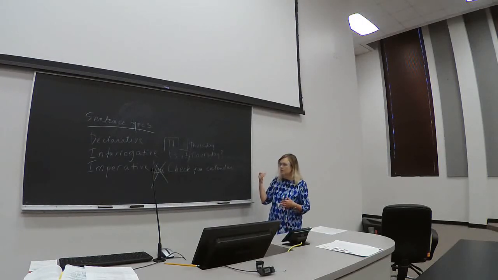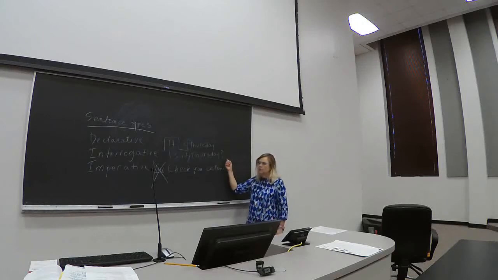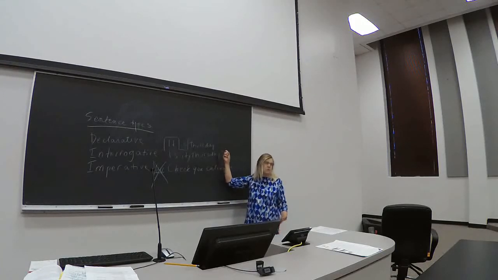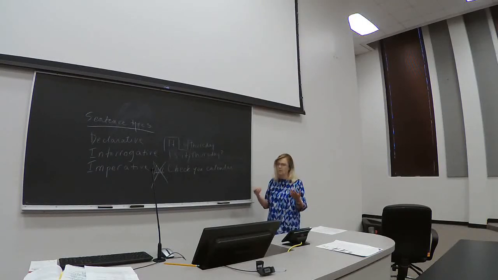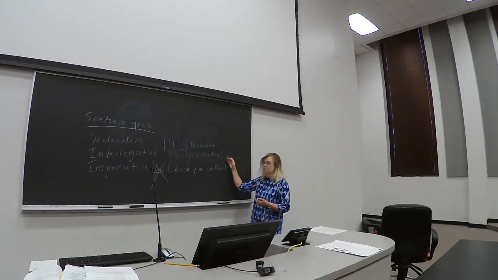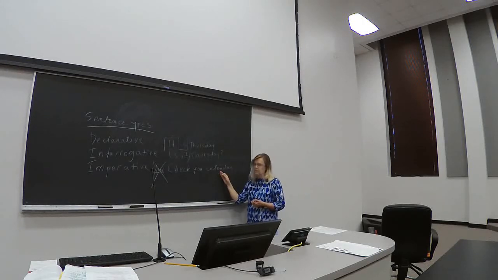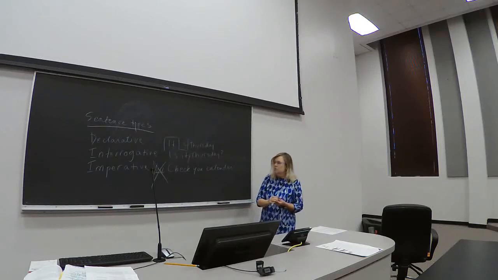So we develop interrogative and imperative sentences from declarative sentences via sentence transformations. And that's something we would talk about more in the grammar class. So here, just FYI, these are the only kinds of sentences we have, and interrogative sentences are derived from declarative sentences, and imperative sentences are also derived from declarative sentences.